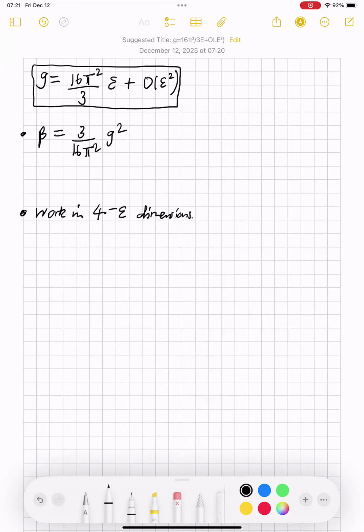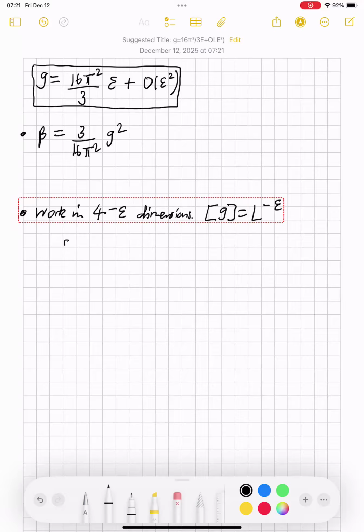And if you remember, one of the consequences of working in 4 minus epsilon dimensions is that now the coupling was no longer dimensionless. It was given by L to the minus epsilon. So we could define a dimensionless coupling, and the dimensionless coupling g bar was just given by g times mu to the epsilon.